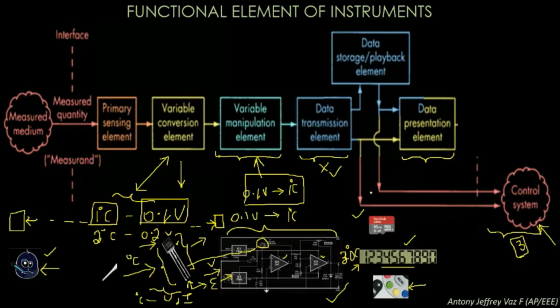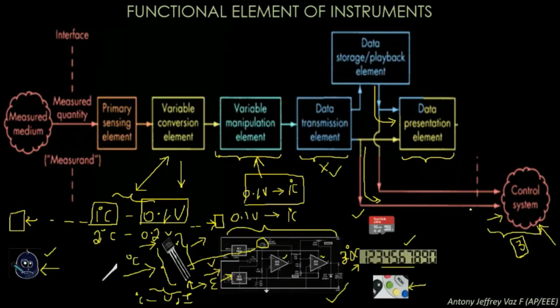Because if you want to see the previous record of the patient, you can adjust or modify the control system to make use of the storage device, and you can present the data which is from the previous years. This control system can also help to measure the voltage.